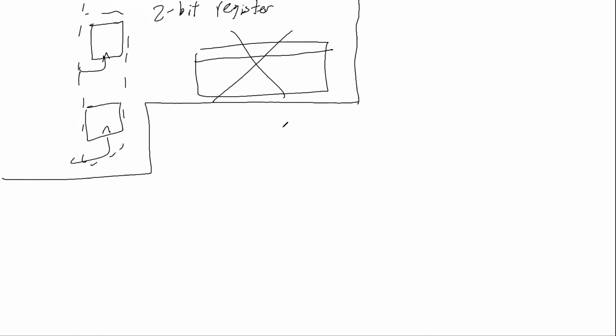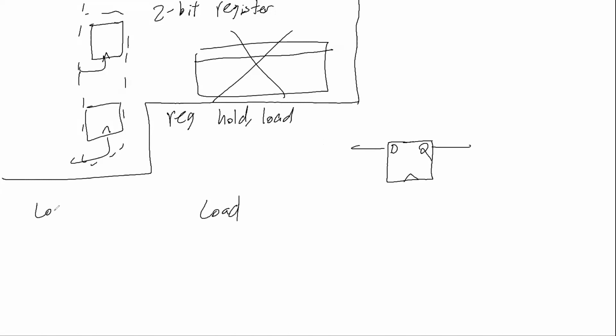على سبيل المثال اللي غطيناه so far اللي هو if I want a register with hold and load capabilities, we can take 1 bit register, which is essentially 1 flip-flop, and I need a signal called load, and let's define the function as if load equals 0, I want to hold the value of the flip-flop, and if load equals 1, I want Q to equal D. With a small truth table, you can find that we need a multiplexer at the input of the flip-flop.